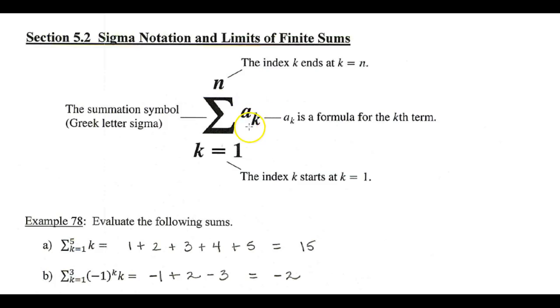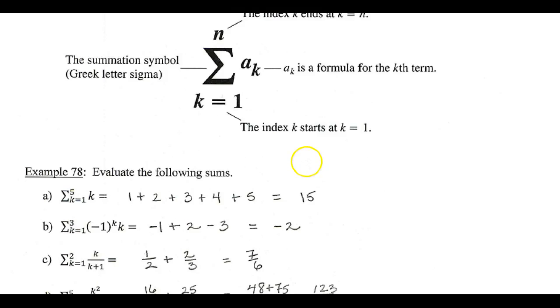And then k equals 1 to n means I plug in k equals 1, I see what that value is, I add to that, plugging in k equals 2, see what that value is, I add to that, plugging in k equals 3, see what that value is, all the way up to k equals n, whatever the stopping point is, n. Again, a little foreshadowing, we're going to let this n go to infinity eventually because that will add up the areas of rectangles.